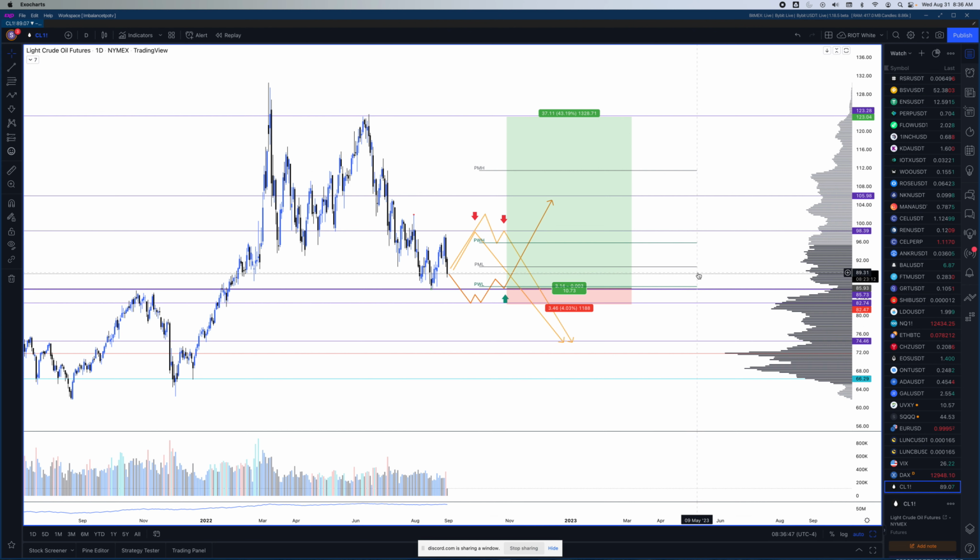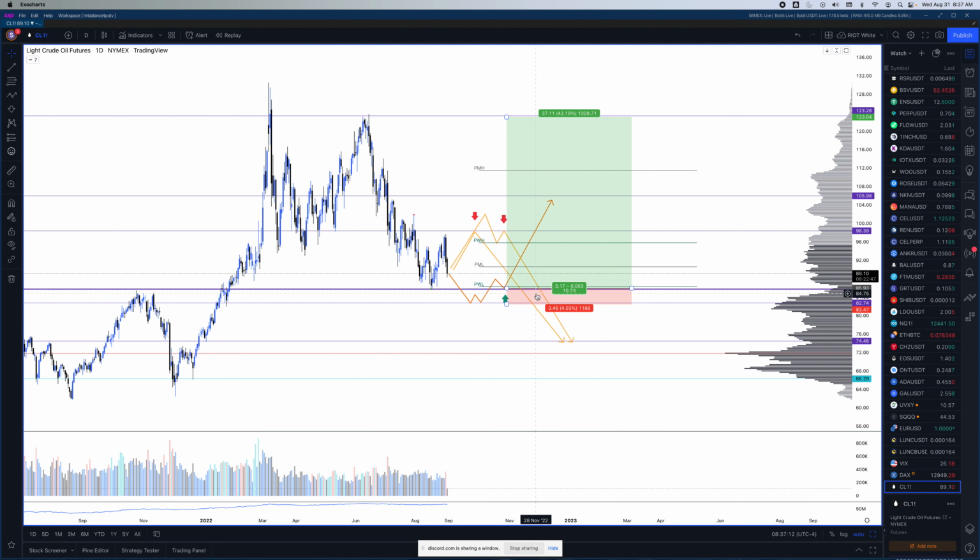Now, I'm looking at this and I say, all right, how likely is it, depending on where I take the trade? If I'm looking at this scenario right here, I think I can go higher leverage and tighten up the stop loss. If it bounces here before doing this sweep, then I'm going to want it to be tighter.